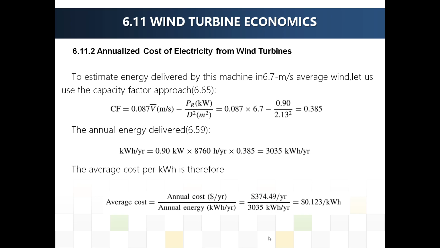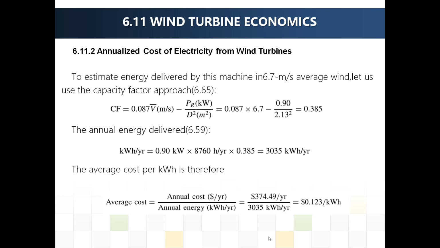That is equal to 0.087 multiplied by 6.7 meters per second minus 0.9 divided by 2.13 squared, which is equal to 0.385.